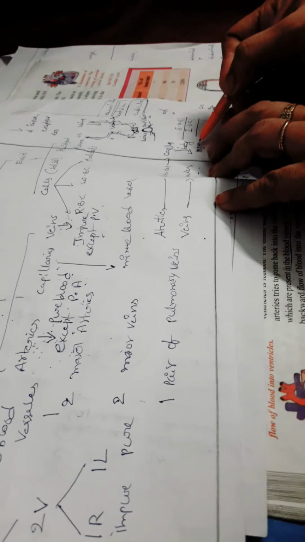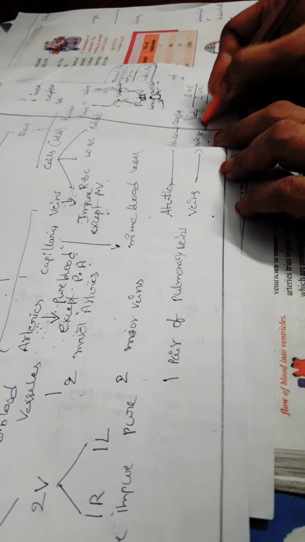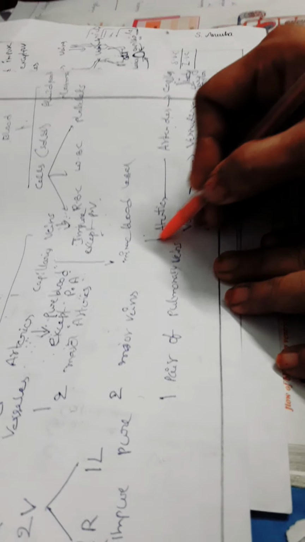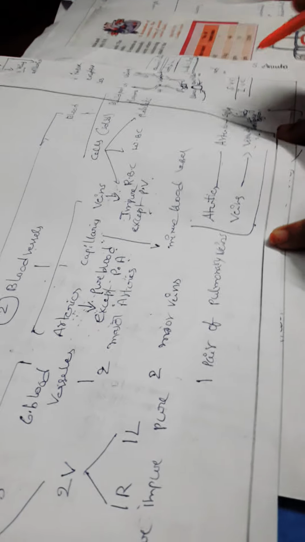From the body organs the wastes are carried by the capillaries again, and these capillaries join to form the venules, venules to veins. So the capillaries are a connecting link: they bring the pure blood to the cells, and they take the impure blood from the cells back to the heart.